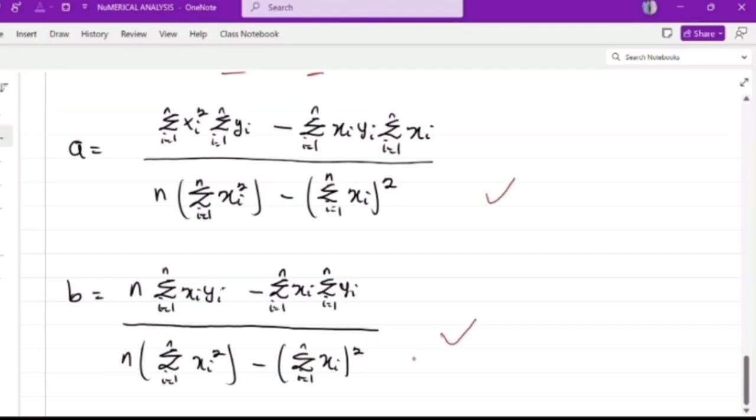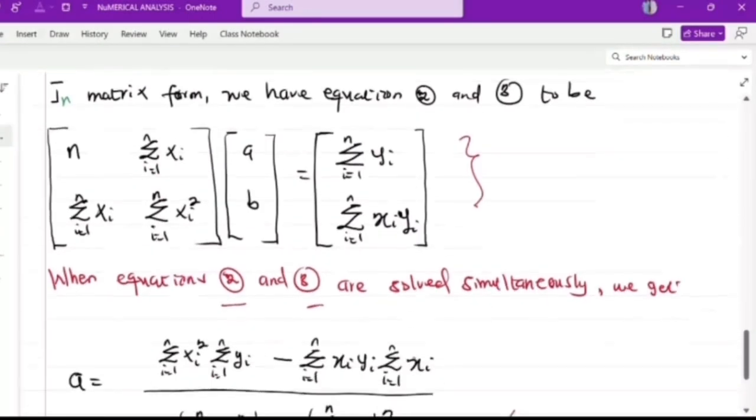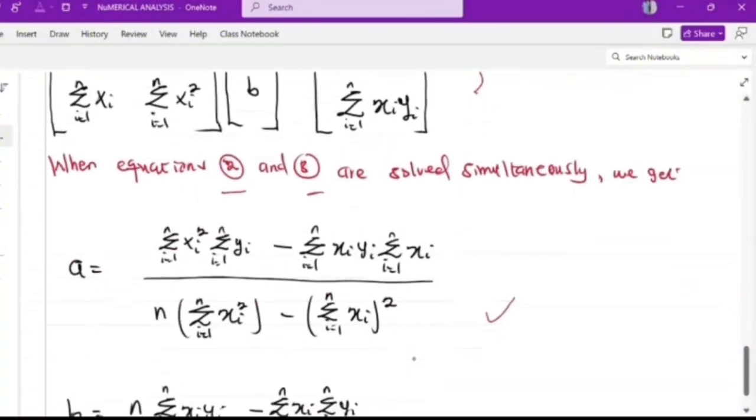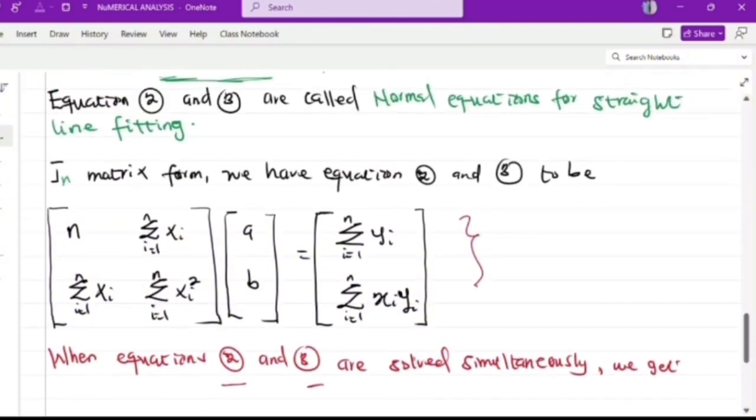But the work becomes much simpler when you use the matrix form. Please, you can try. If you solve equation 2 and 3 simultaneously, you end up getting A to be this and B to be this. And in matrix form, you have this one.